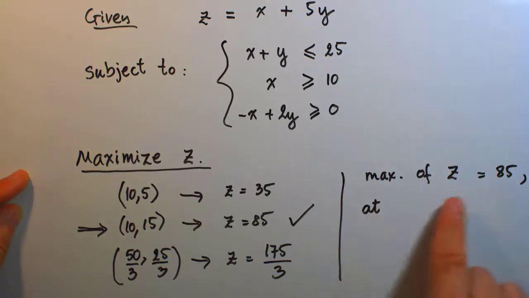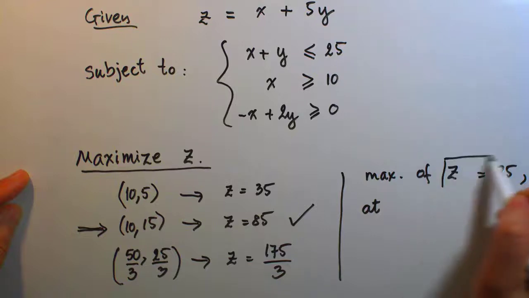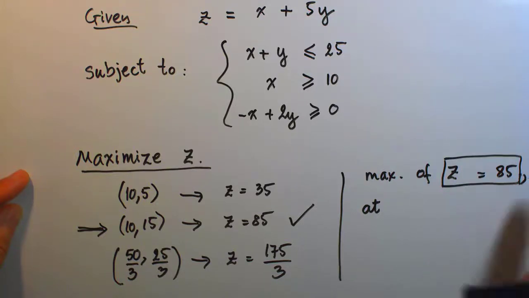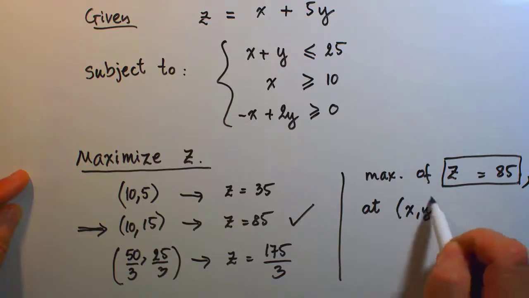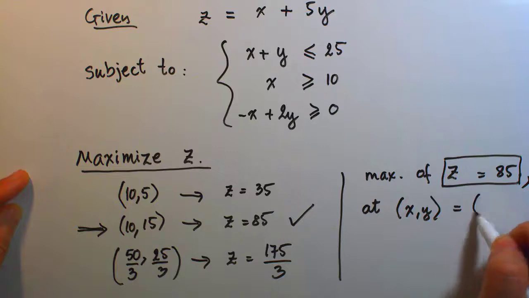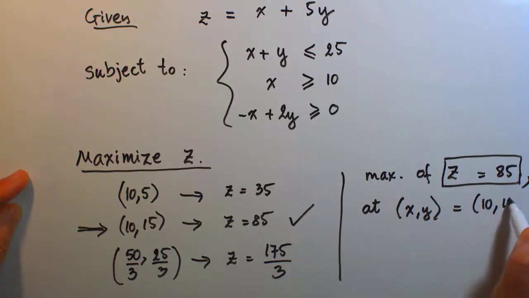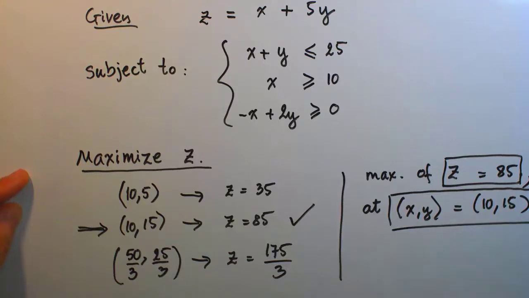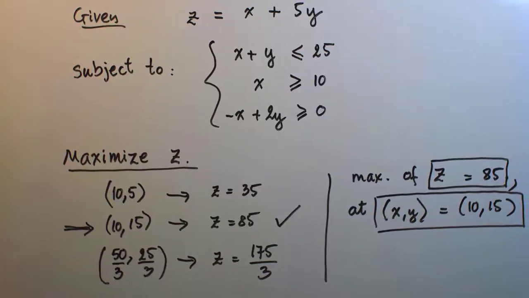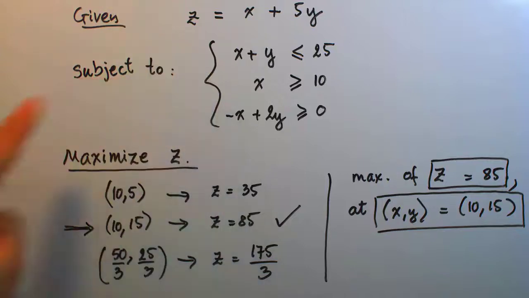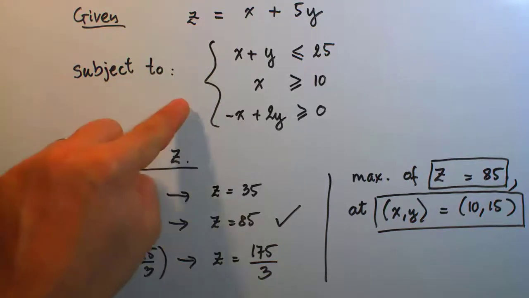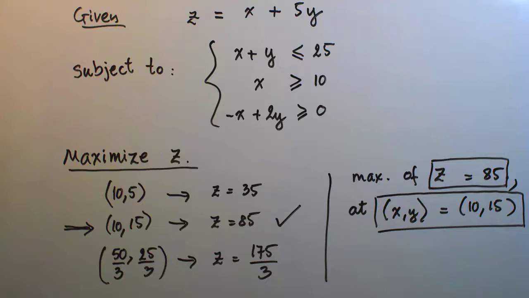We reach that highest z equals 85 at the input pair x comma y equals 10 comma 15. And that's how we do our work to maximize a given linear function in two variables subject to a set of given constraints right here.